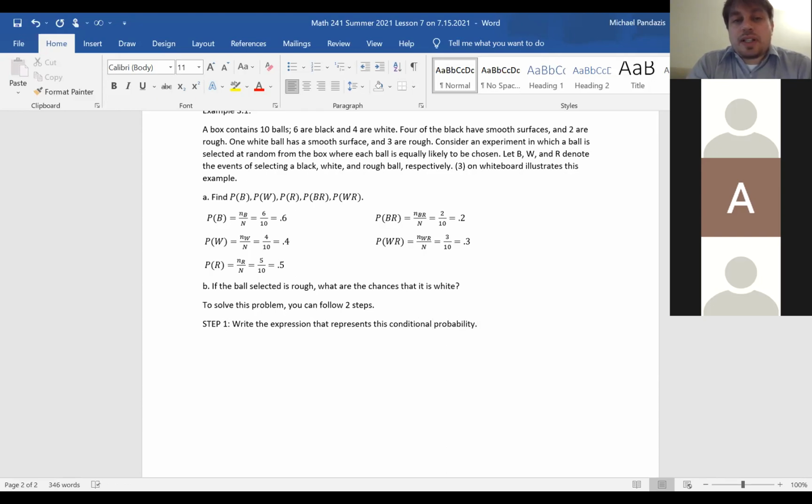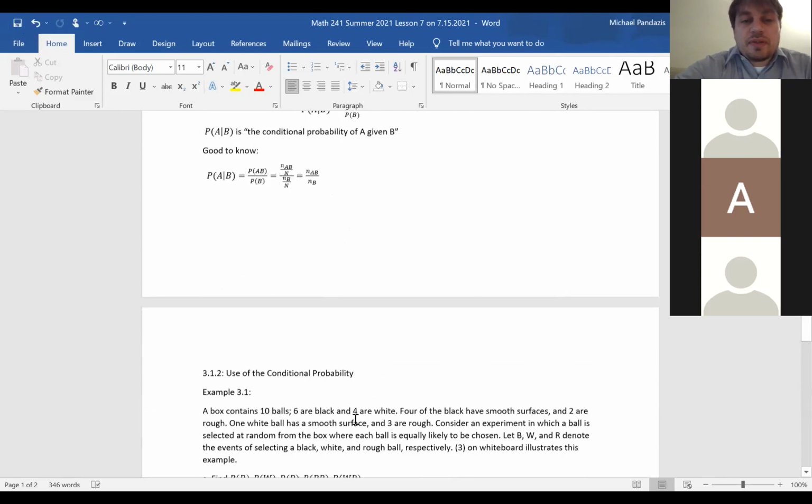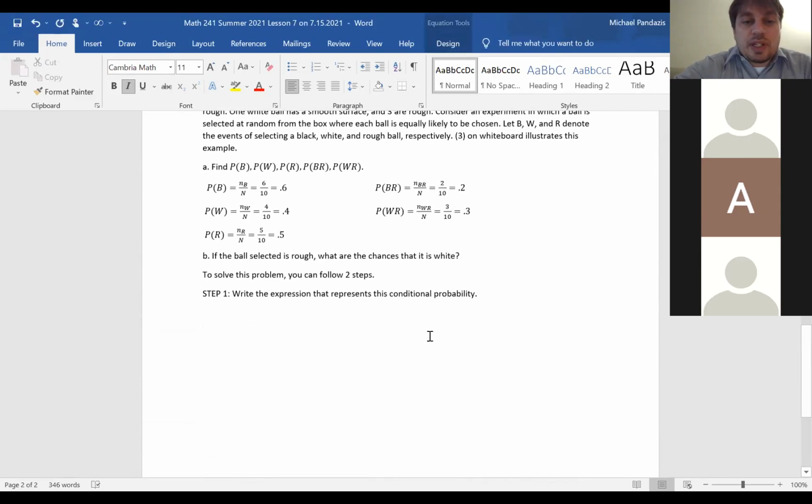So it's the conditional probability of one event given another event, right? And so you just have to write the appropriate expression here for this situation. So step 1, write the expression using correct notation that represents this conditional probability.